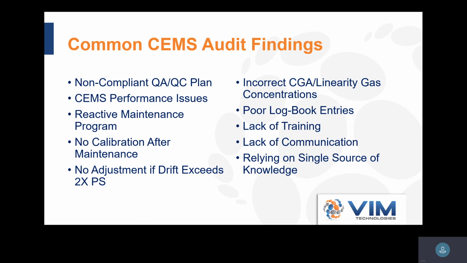There's incorrect CGA or linearity gases. So for a CGA or a linearity test, you're required to use gas concentrations of a certain percent of range. And I found doing audits that sometimes those percents of range, the concentrations don't fall between, so that means the test performed with those gases is invalid.